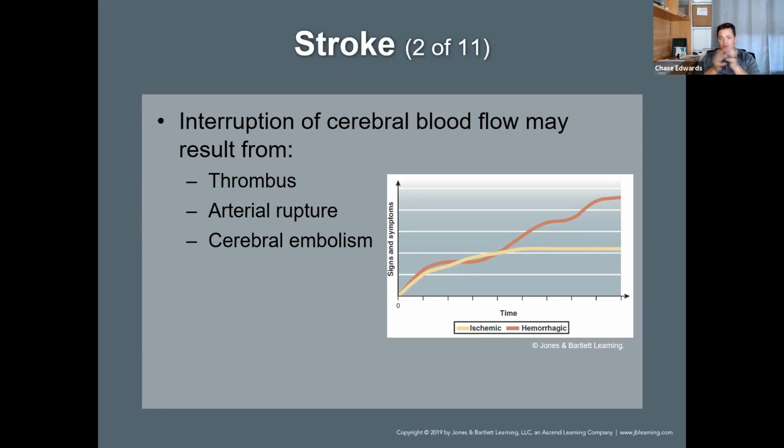So TIAs do cause damage as well. They don't cause as much damage as a stroke, but you're not far from it. This is probably going to be the end result sooner rather than later. TIA, and then you'll probably move up to the stroke section at some point soon.